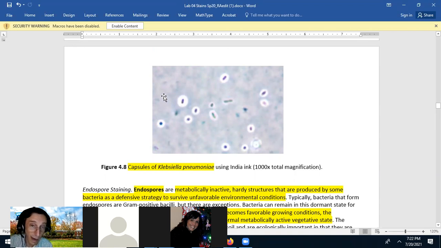This one stains the background lightly, and the cells darkly, and the capsules not at all. If you're using India ink, it stains the cells lightly, and the background darkly, and the capsules not at all. And this is capsules of Klebsiella pneumoniae. And that's not India ink. It says it's India ink, but this is not India ink.